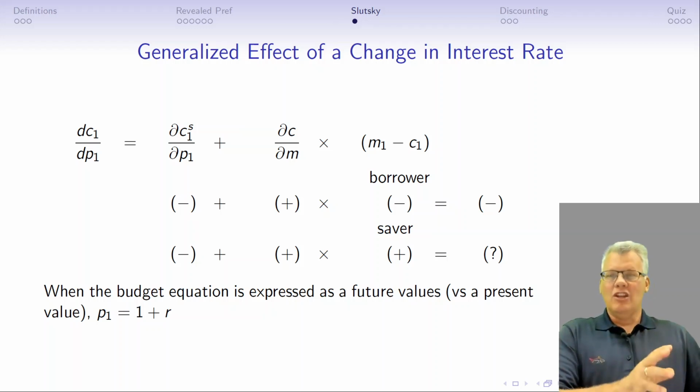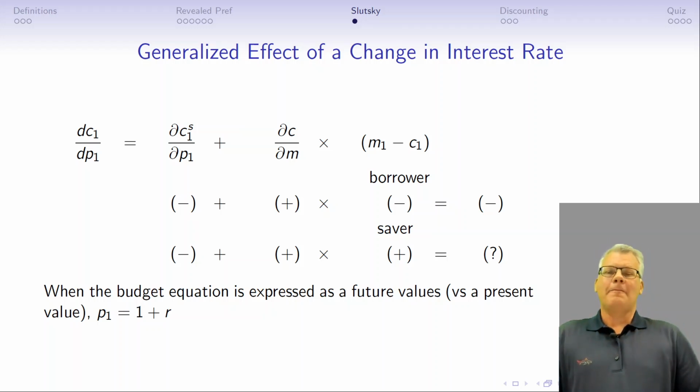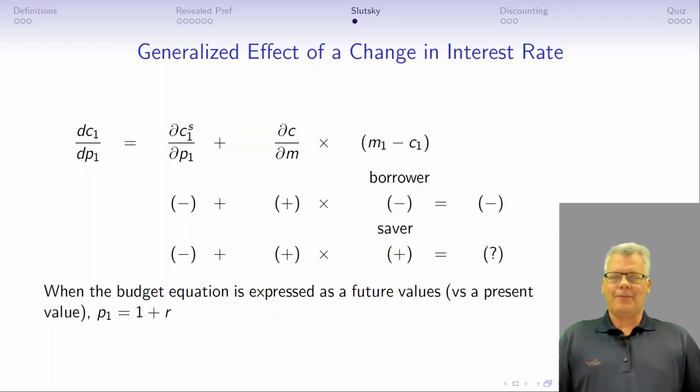So P2 in this case would be 1, and P1 would be 1 plus R. That would be, in essence, the time period 2 price of $1 of consumption in time period 1. Okay.